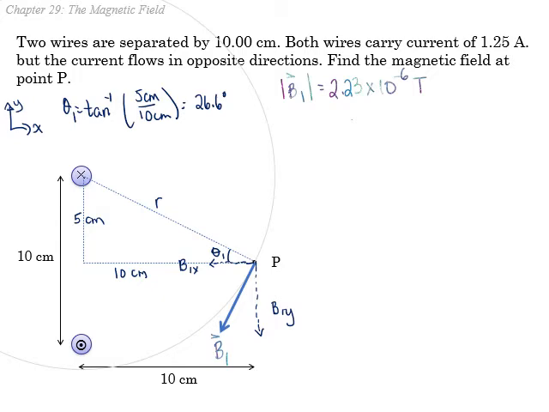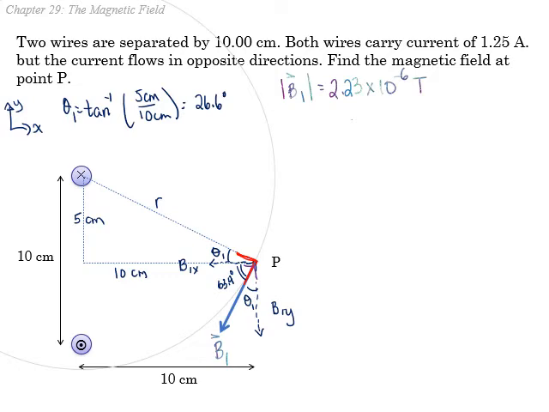And then we have a right angle between the radius and the tangent, B1. So that means our angle in right here is 90 minus theta 1. So this angle right here is 63.4 degrees. And then we have another right angle between B1x and B1y. That means this angle is also theta 1, 26.6. Okay, so we see that our B1y is adjacent to our angle, our B1x is opposite our angle.